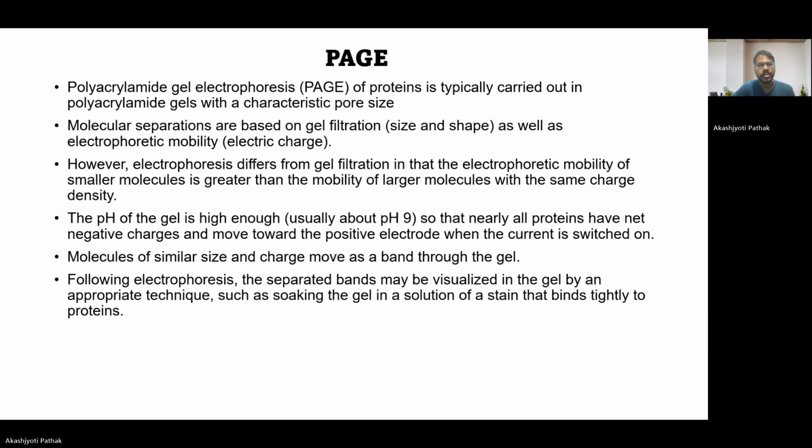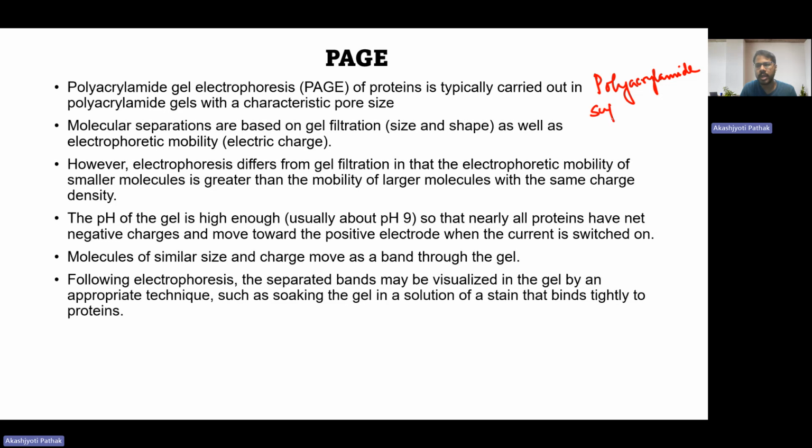Okay. So now, what is polyacrylamide gel electrophoresis? We learned about electrophoresis, so now we will learn about polyacrylamide gel electrophoresis. Polyacrylamide is the component used for making the supporting media.